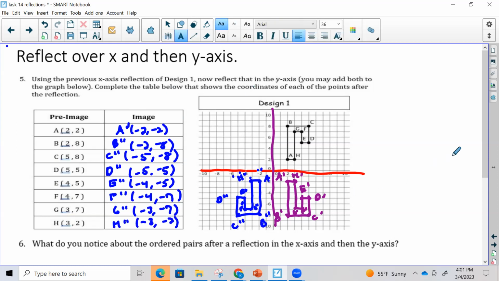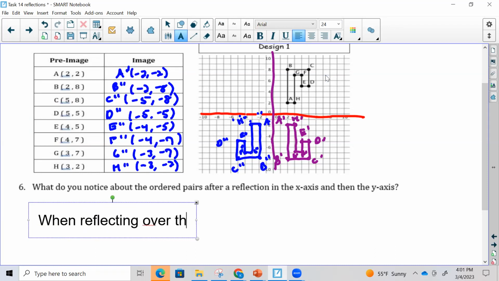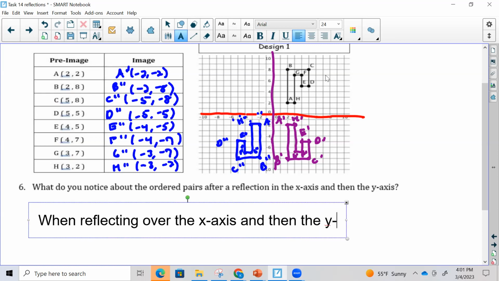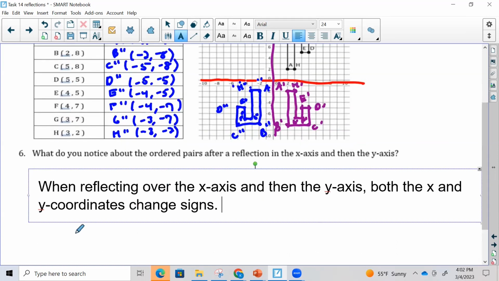And so this says, what do you notice about the ordered pair about a reflection in the x-axis and then the y-axis? And so what we notice is that both coordinates change signs. So if we're reflecting over the x-axis and then the y-axis, both the x and the y coordinates change signs.